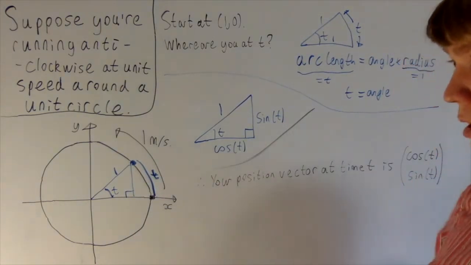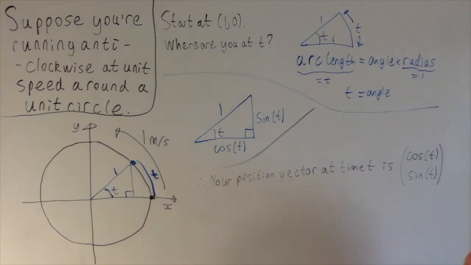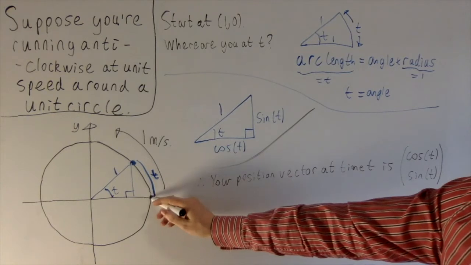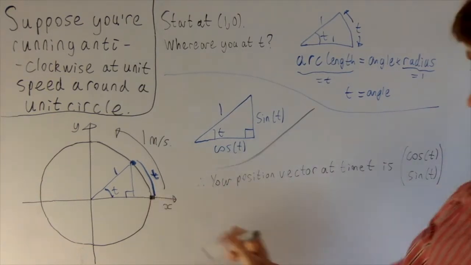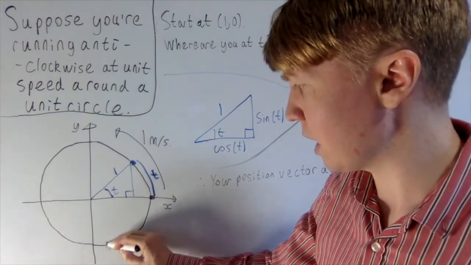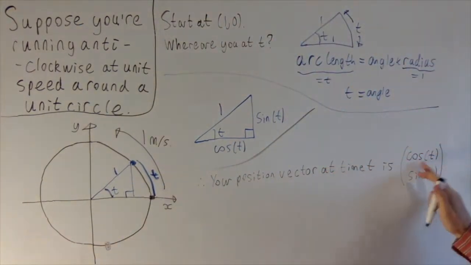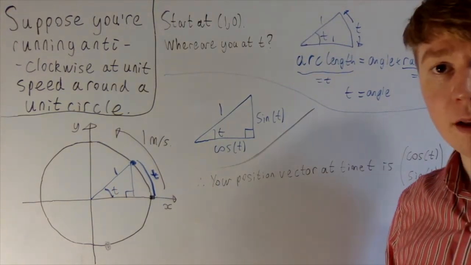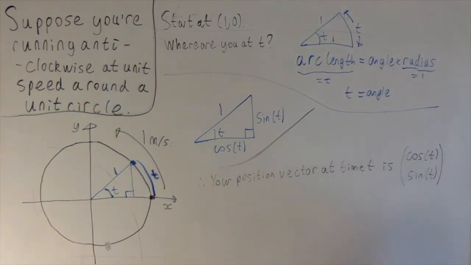Say you've always been running at this unit speed around the unit circle, and your starting point here is t is 0. If you want to look at what happened 5 seconds before your starting point, you're over here, and if you work out cos of -5, sine of -5 radians, then you will get the appropriate point there.